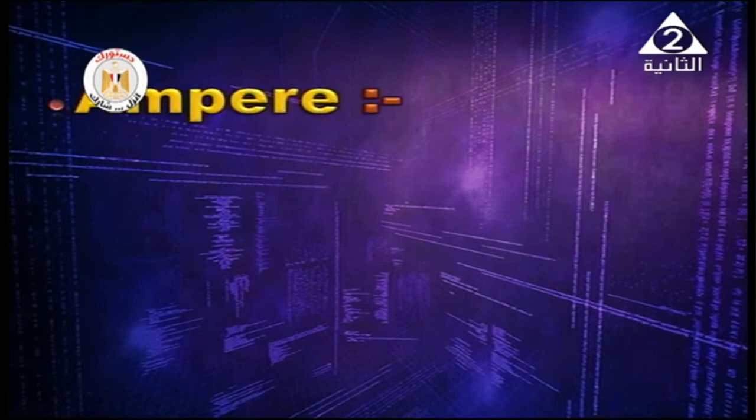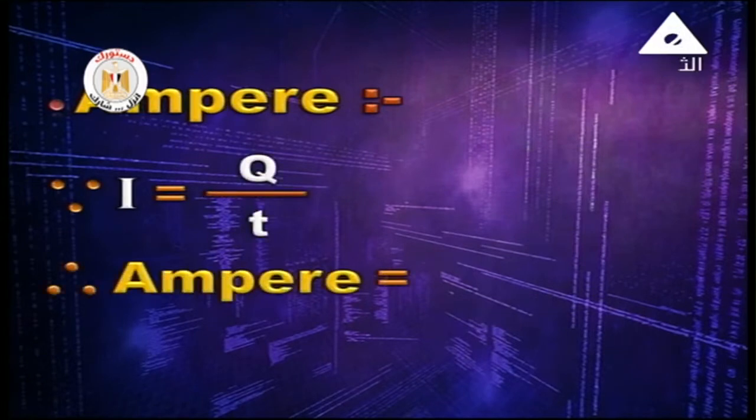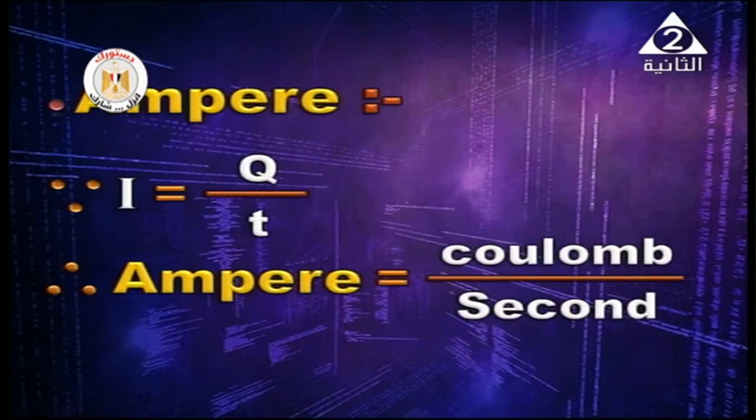Current intensity is measured in amperes, and we want to define the ampere. Since I equals Q over T, the ampere must equal coulomb over second. So the ampere is the unit of current intensity.